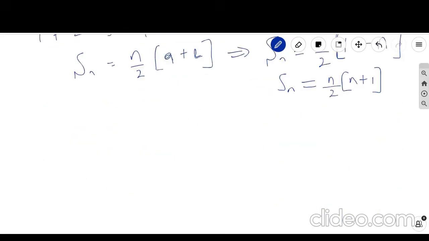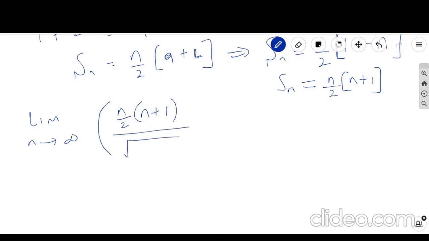Moving on, the question has now turned to the limit as n tends to infinity of n over 2 into n plus 1, the summation of 1 plus 2 plus 3 plus 4 and so on, over the square root of 9n raised to power 4 plus 1.